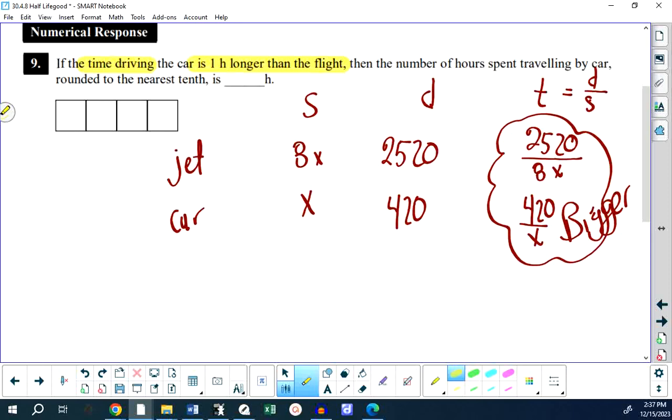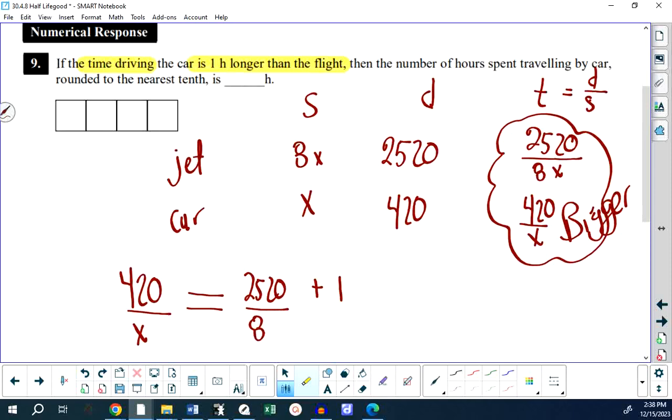So the time driving is means equals. 1 more than means you add 1 to the time for the flight. And we still end up adding 1 to the time for the flight. The only issue is sometimes the language, it doesn't say is, right? We saw a couple this morning where you really had to think carefully about the language. And it wasn't tricky language. It's just that it was different language.